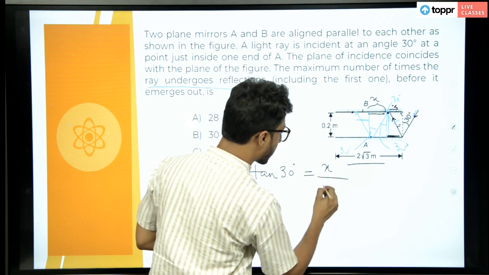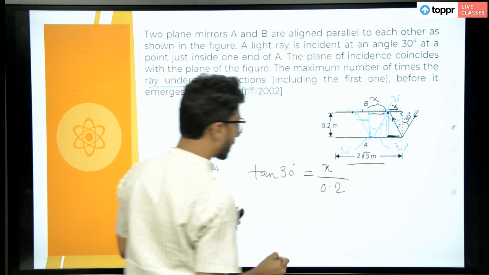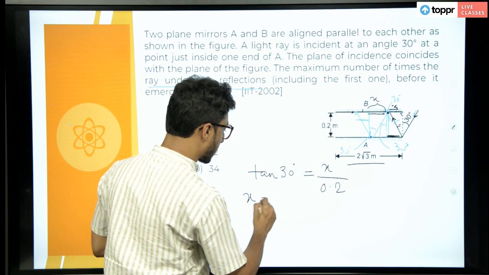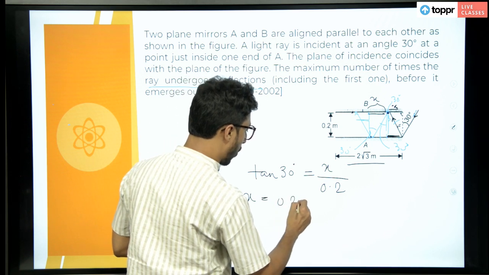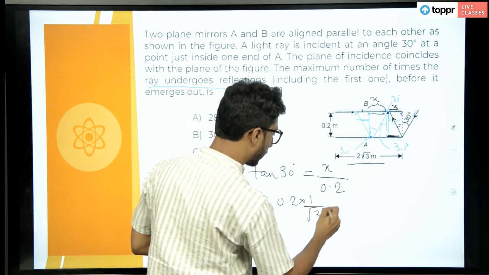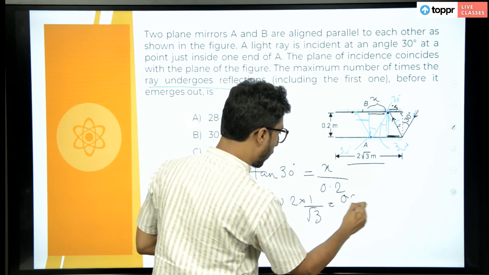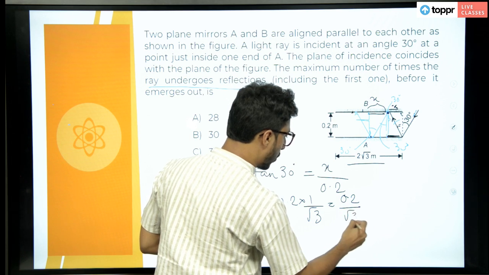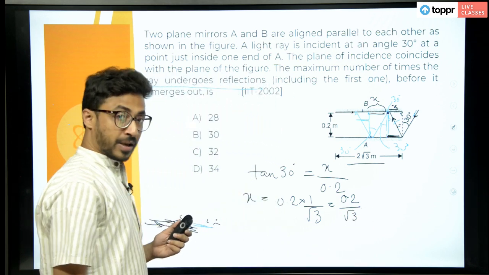So x is nothing but 0.2 into tan of 30. Tan of 30 is 1 by root 3, so it is 0.2 by root 3, right?